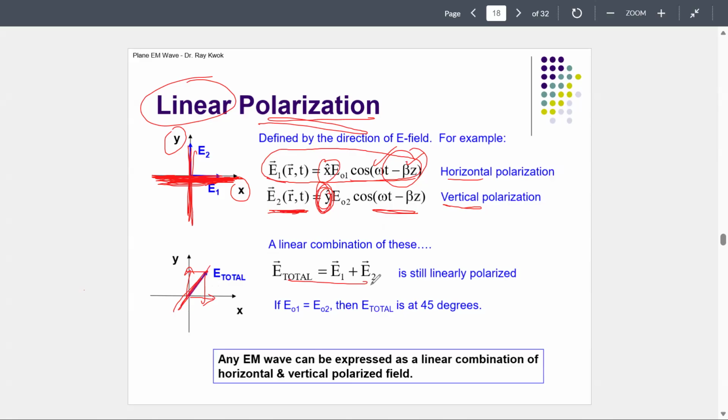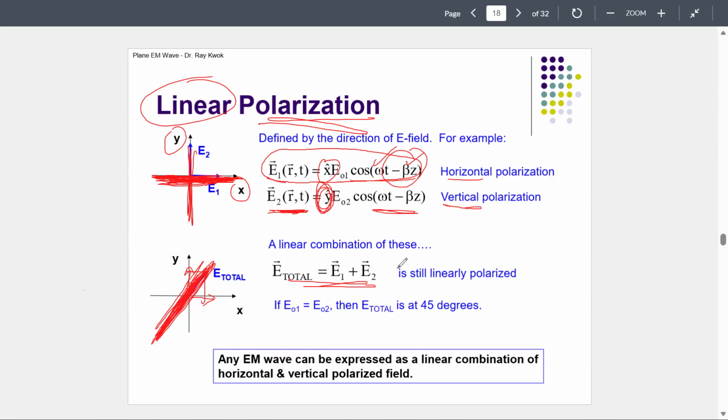So that means when I add these two together, the electric field is going to oscillate along this angle, but at the same time is propagating out. It's still a linear polarization. So a linear polarization added to another linear polarization, as long as the frequency, wavelength, and phase are the same, is still a linear polarization.